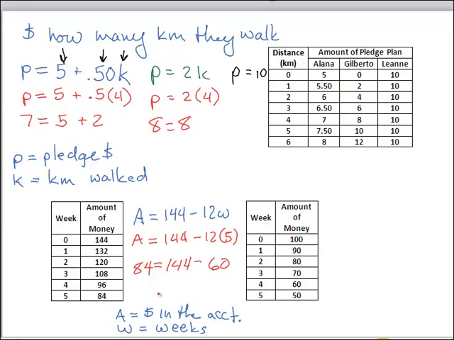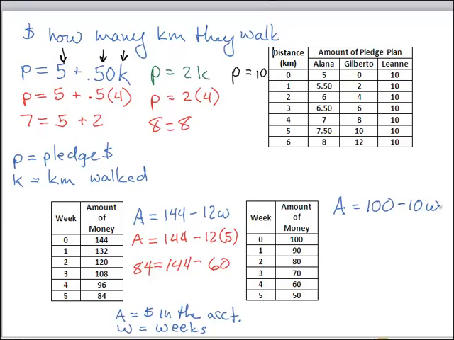And doing the same thing over here with the last problem, that's the other classroom, Mr. Mammer's classroom. To find out the amount of money they have, I would start out here with $100, so that's my starting amount. And if you look at the table, every week it goes from 100 to 90, 90 to 80, so they're taking $10 out every week. So I'm going to multiply that 10 times the number of weeks.